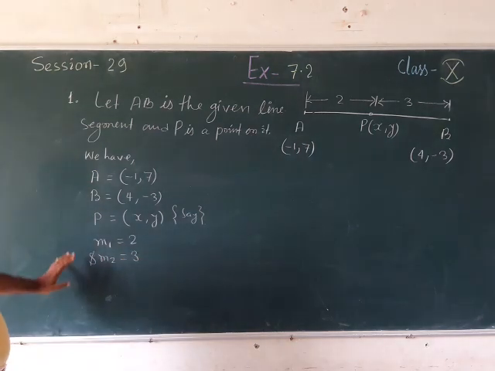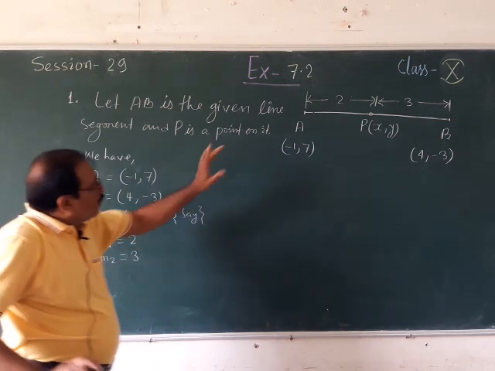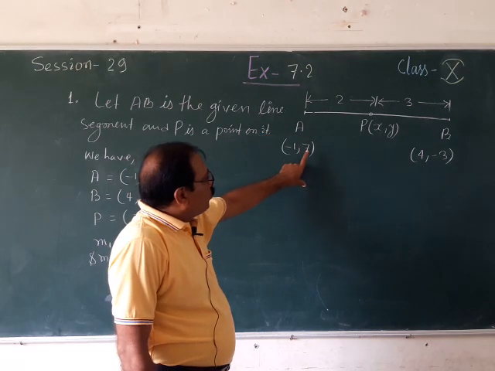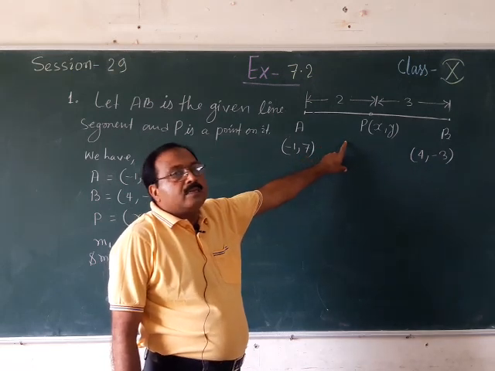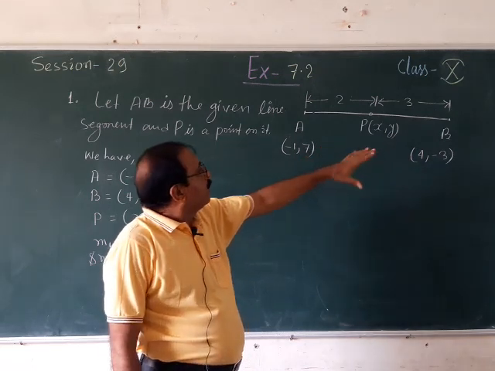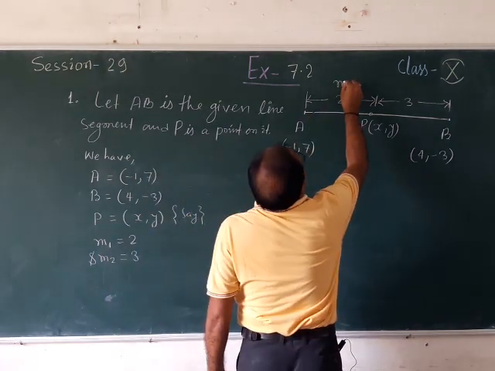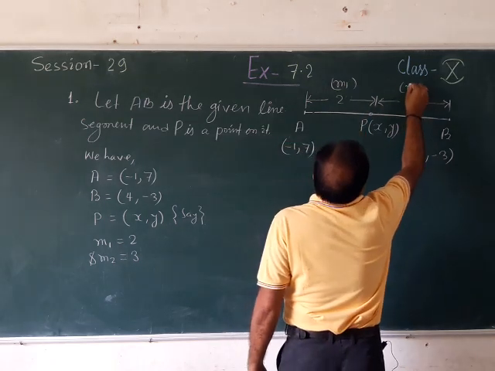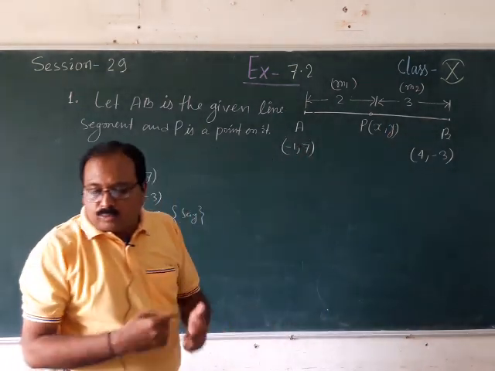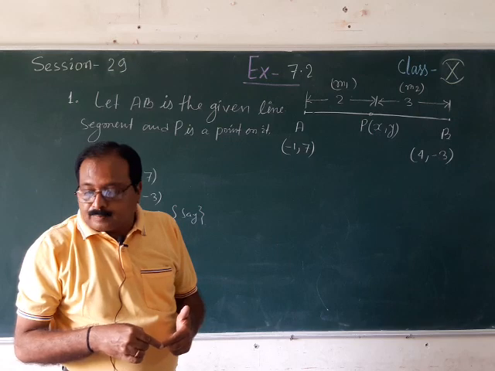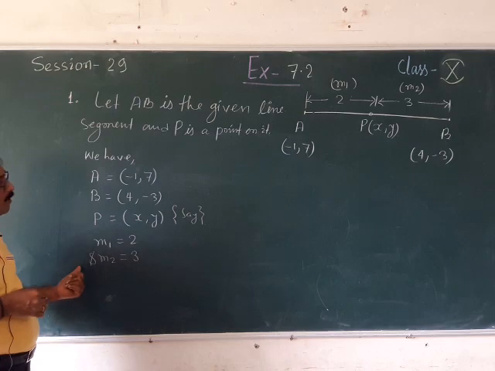These are the things you need to understand very nicely at first. Here AP is taken as 2, which is m1, and this 3 is m2. So m1 is to m2 is 2 is to 3.